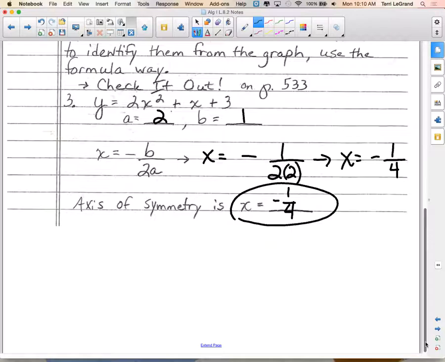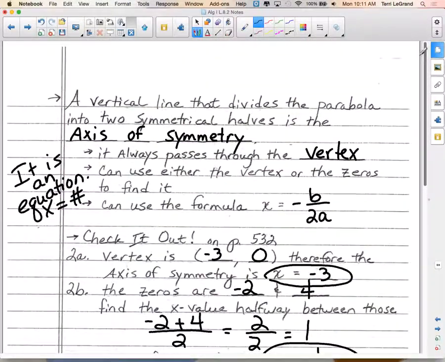So 19 through 28, I'm going to guess it's just kind of a repeat again of what we were just doing, okay? So make sure that you are using your notes to help you out and you're showing enough support for all of your answers, okay? Anybody have any questions at this time? And again, study through the lesson on your own because you need to know how to do this.